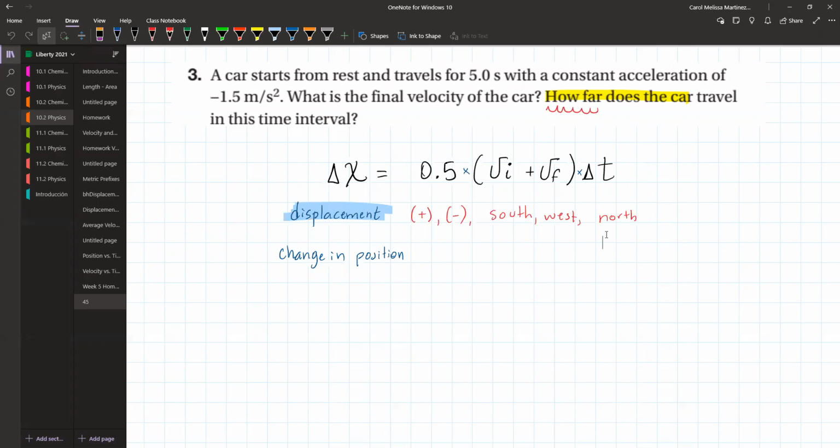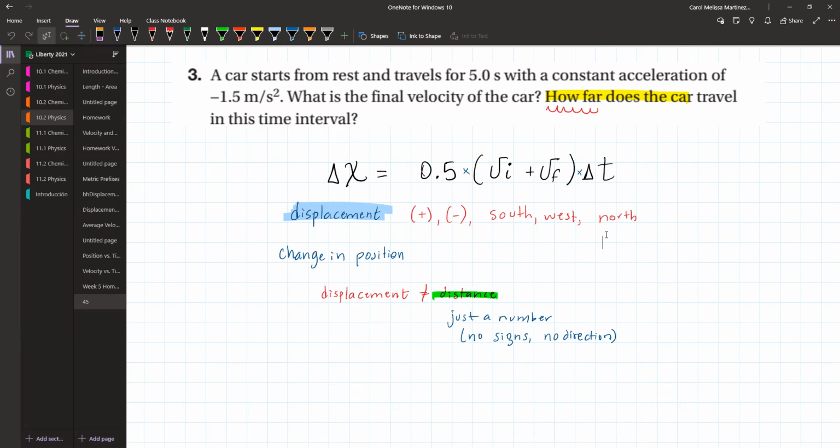Displacement, as I told you in the beginning of my class, is not the same as distance. Distance is just a number, which means no signs, no directions. So when it asks how far the car travels, it refers to distance, which means it's not necessary for you to write a symbol.